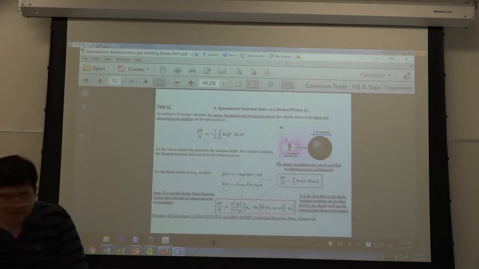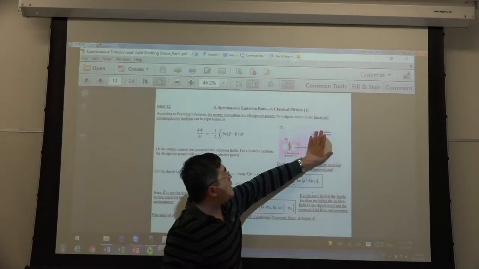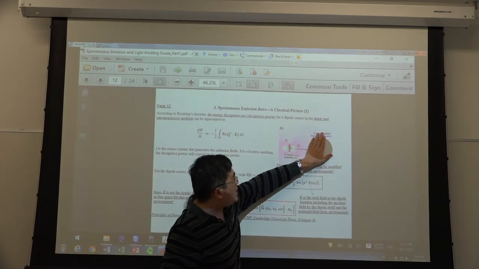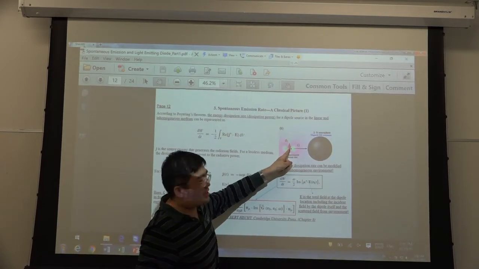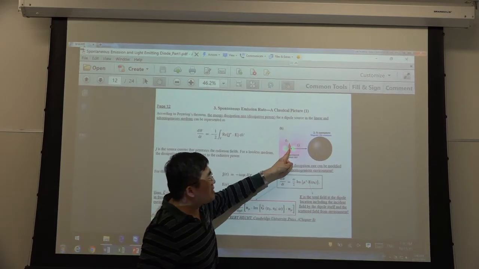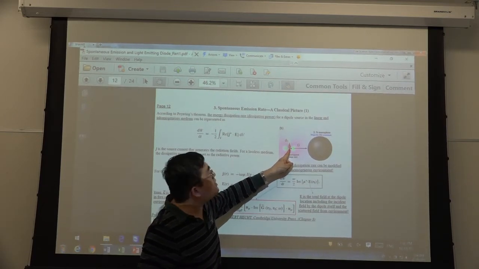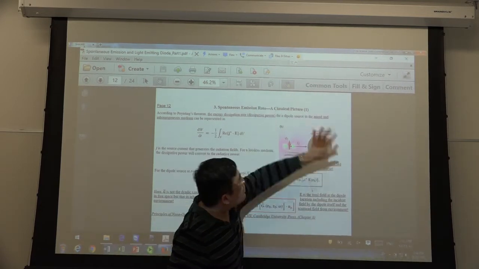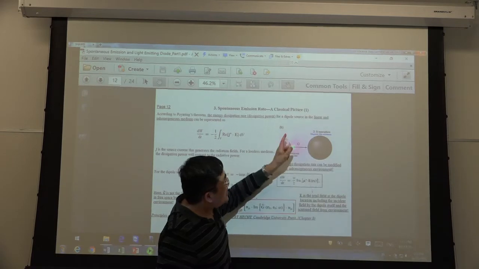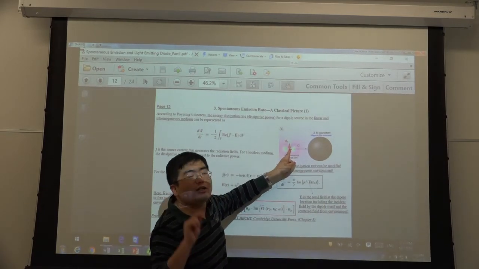Let me explain this again. If there is no sphere, the E field at this dipole location is just the incident field from this dipole source. But if I put the sphere along here, the E field at this dipole location has two parts.